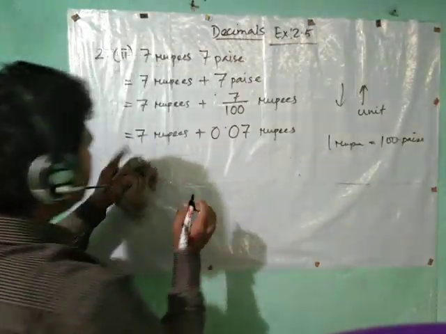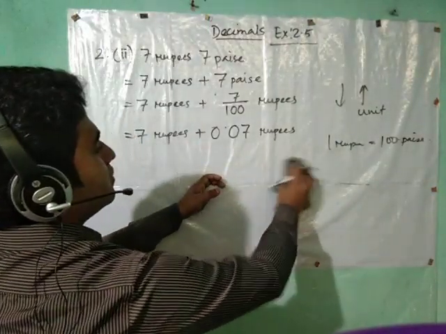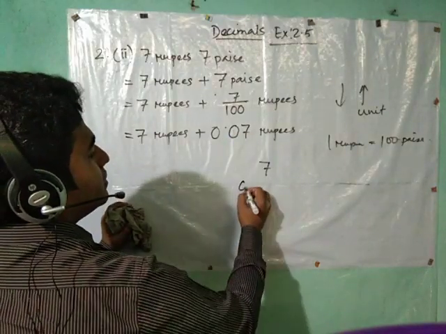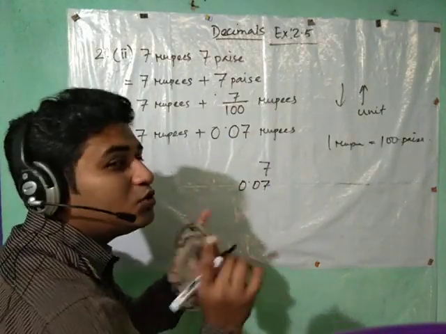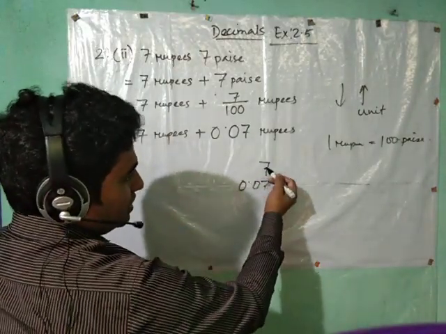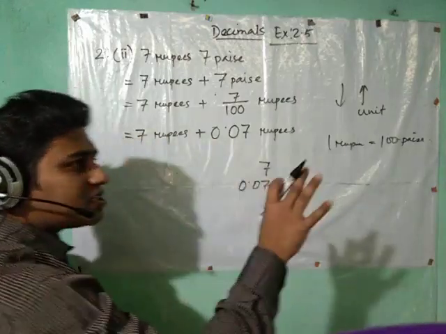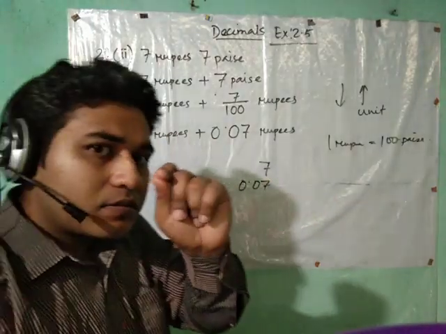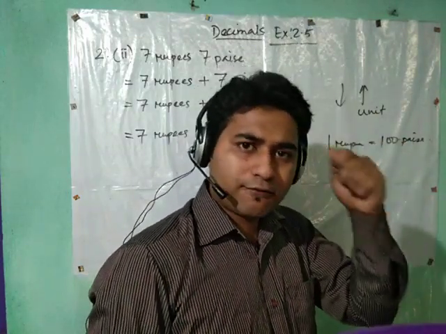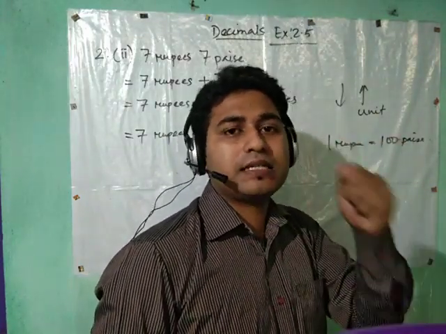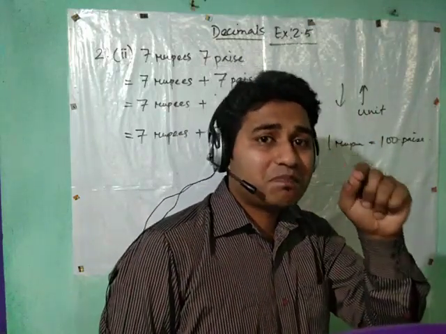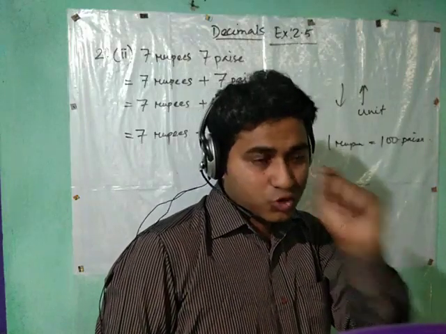Numerical values, you add them separately and put rupees there. That means now you will tell me, don't make a mistake here. 7 means 7. 0.7 means 0.7. Don't make this mistake. This is a clear mistake. How? Because 7, even though the decimal point is not shown here, you have to make sure yourself that there is a decimal, and first look at that decimal which is not exactly shown there.